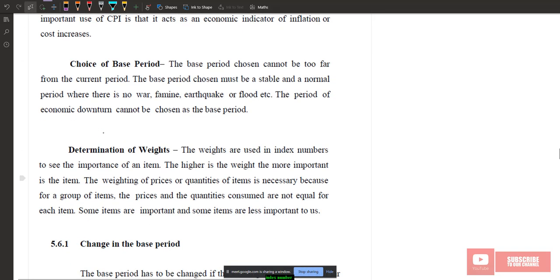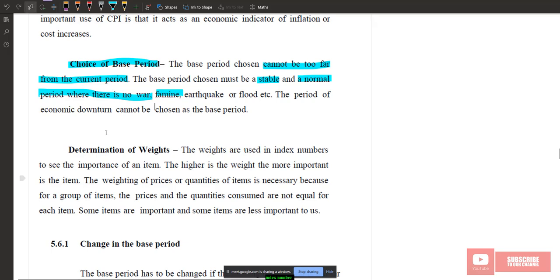Then the next thing to focus on is the choice of base period. The base period chosen cannot be too far from the current period. The base period must be a stable and normal period, when there is no war, famine, earthquake, or flood. So a period of economic downturn cannot be chosen as the base period.